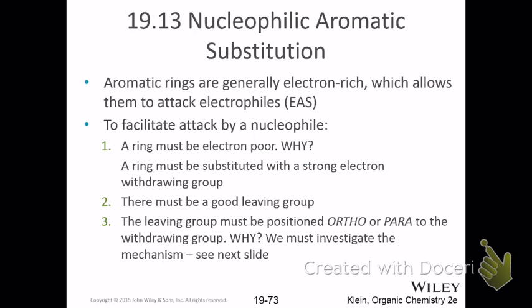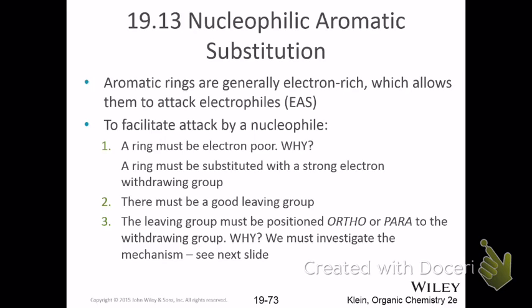All right. Aromatic rings are electron rich and difficult to attack. So in order to make a nucleophilic attack on a ring, you have to make the ring electron deficient. How do you make a ring electron deficient? Strong electron withdrawing groups. You remove the electron density and make it easier for the nucleophile to come in.